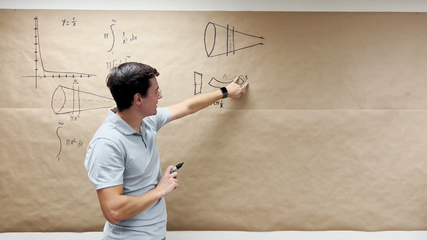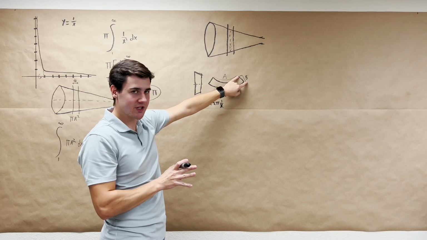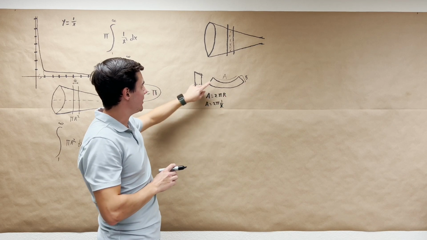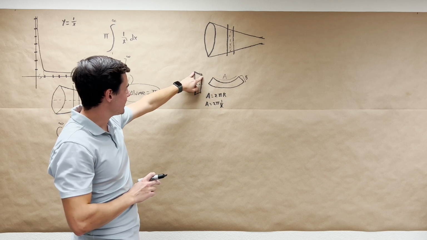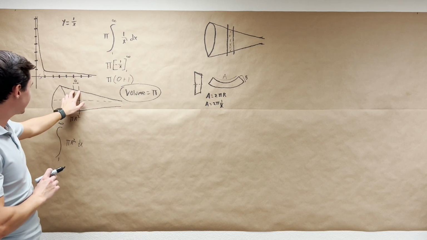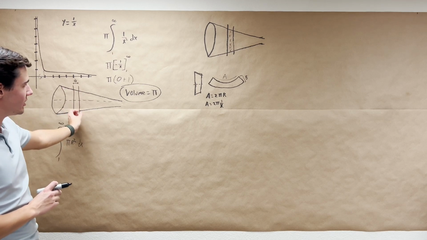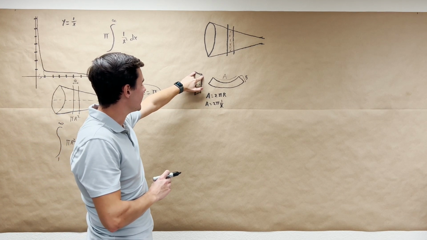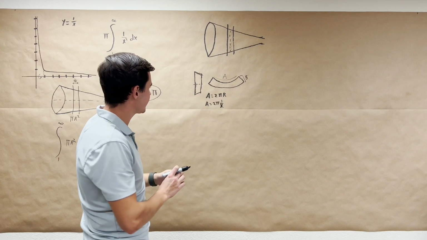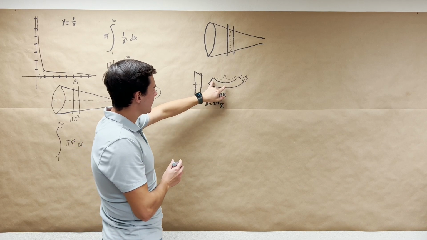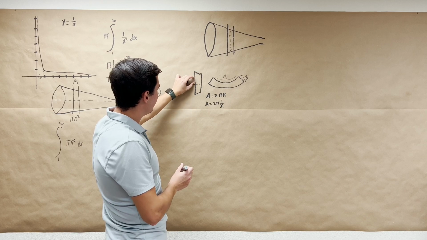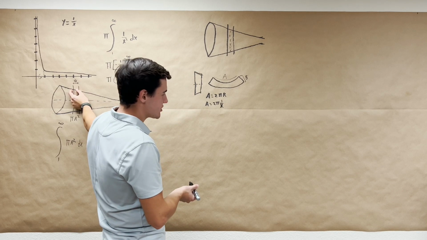And this B length is an interesting component, because this slant is important. Over here we could treat this as if it were a straight line and just treat this as if it were a cylinder. But here this slant is important because of the shape that it makes. So we can't just treat it as a straight line as we did over here.